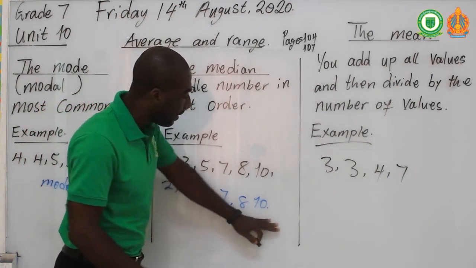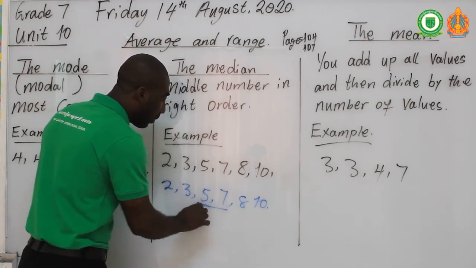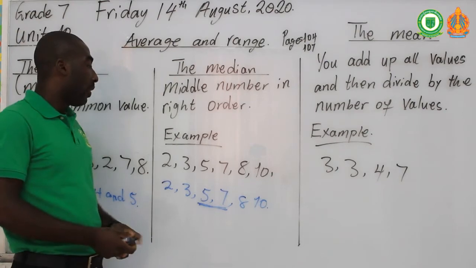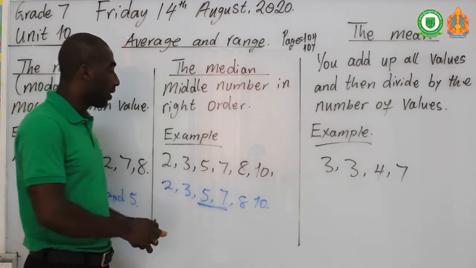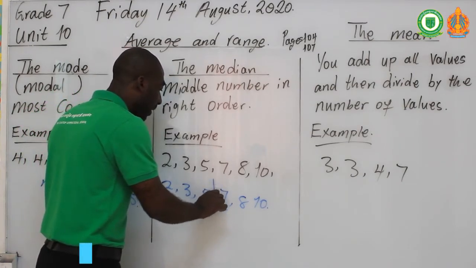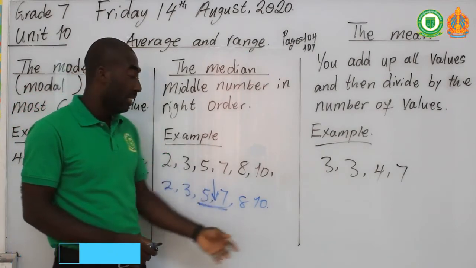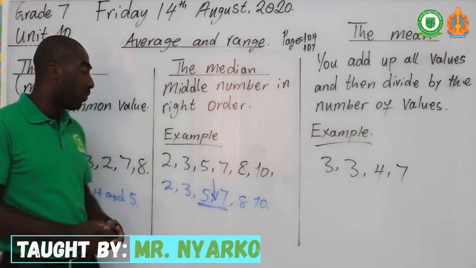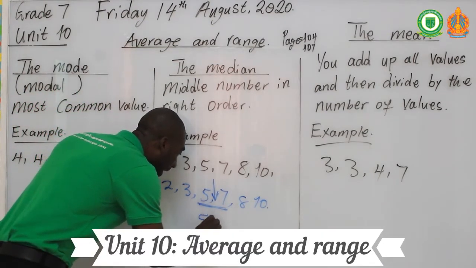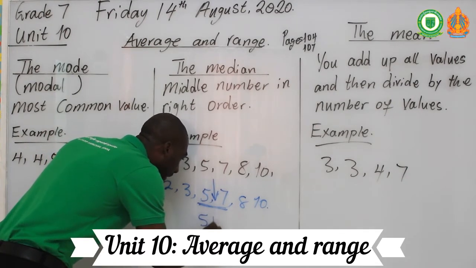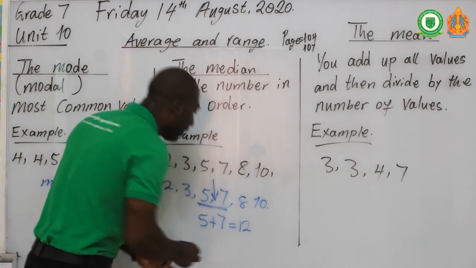The list is even, so that means we have 2 numbers meeting in the middle. We cannot separate them, because we need a number that will stand in between. But because our list is even, we have 2 numbers meeting over here. Whenever you have 2 numbers meeting, you have to add them up, and that is going to give us 12.